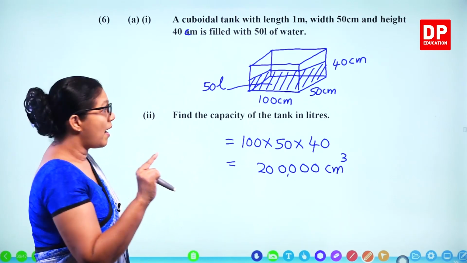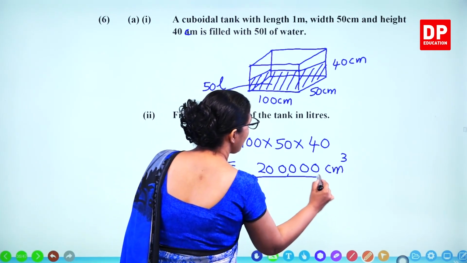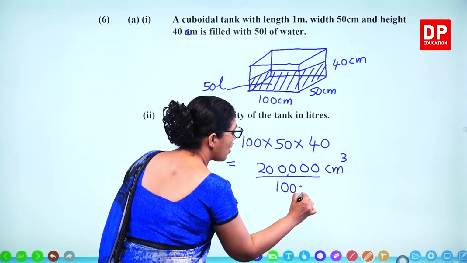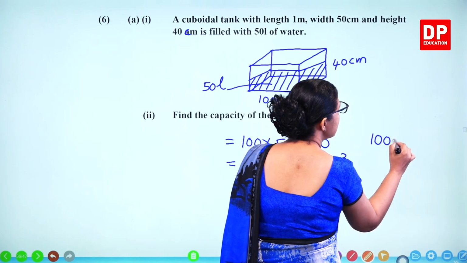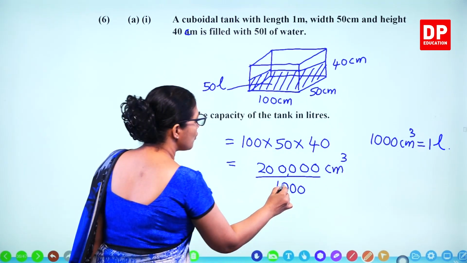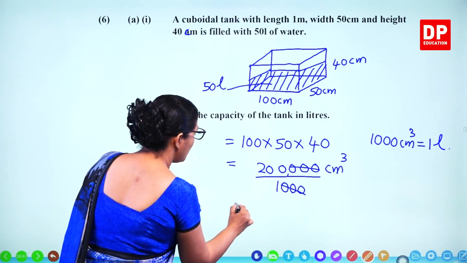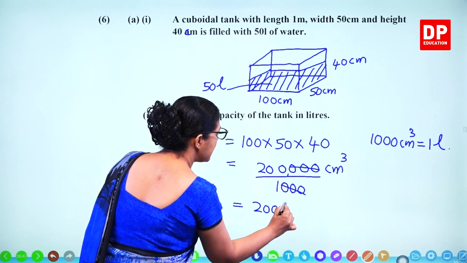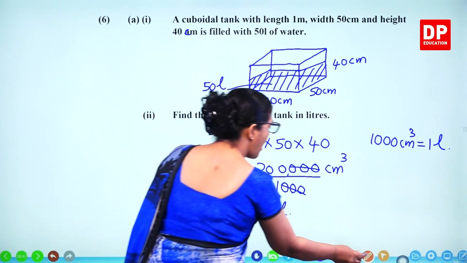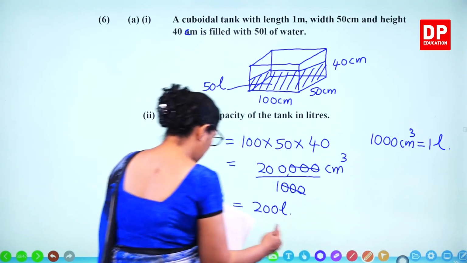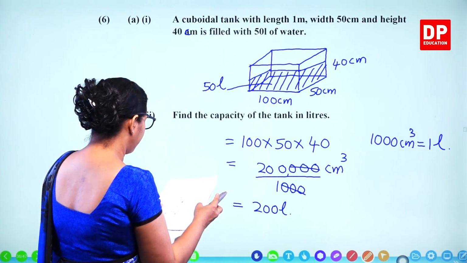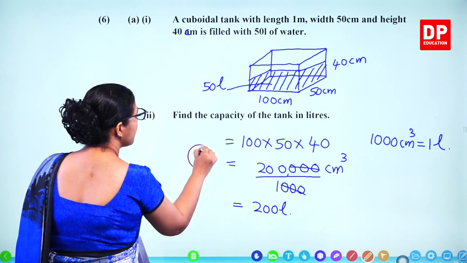Then divide by 1000 to convert to liters, because we know 1000 cubic centimeters is 1 liter. So 3 zeros get cancelled out. You get 200 liters is the capacity of this tank. How many marks for this one? 3 marks for this part.